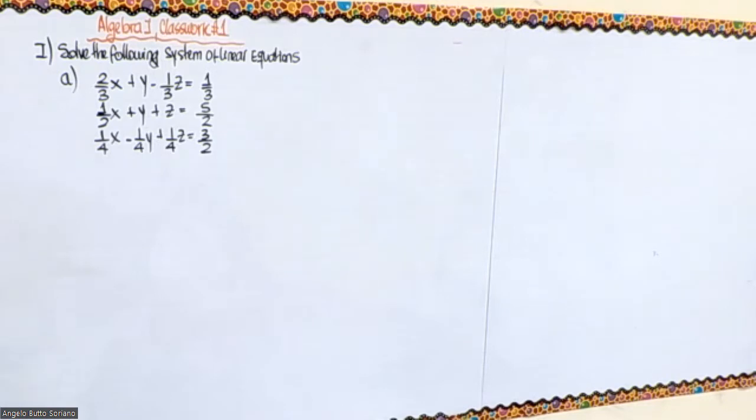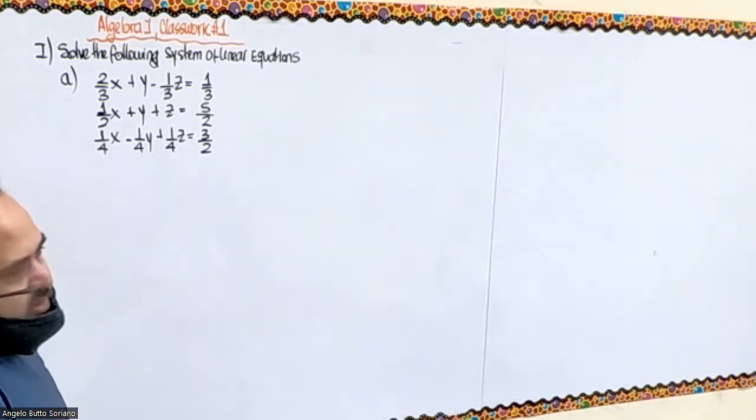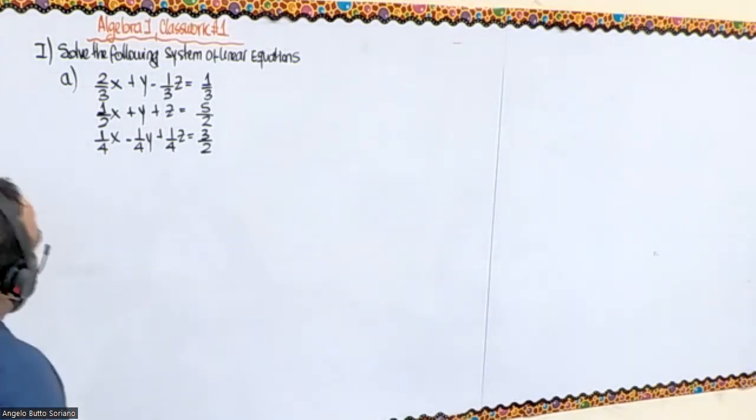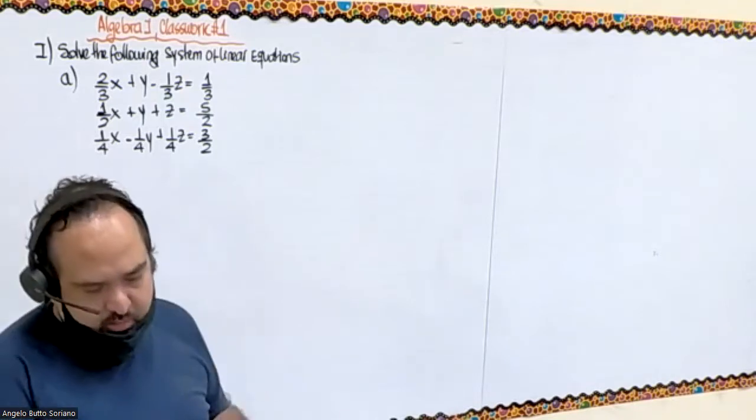But if you don't want to work with fractions, because working with fractions is so tedious, it's simple. The only thing we must do before starting to work with these fractions, there's no inconvenience to do that, is, for example, in the first equation, we can multiply the entire equation by 3 because the denominator is 3. And what will be the result?